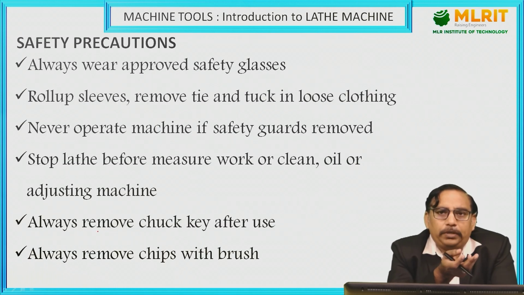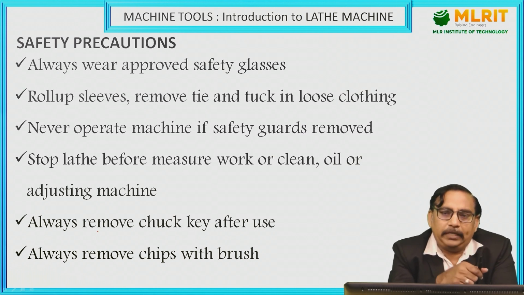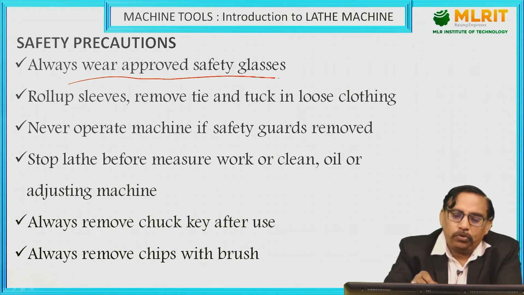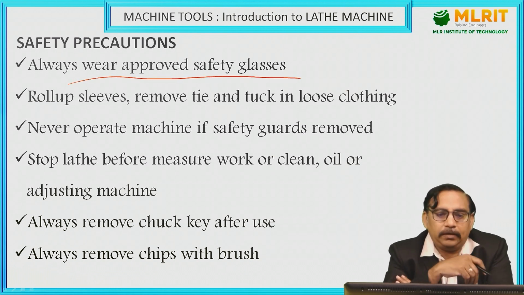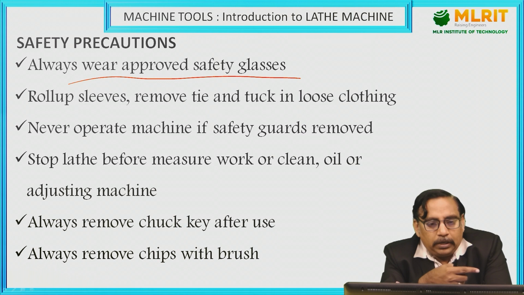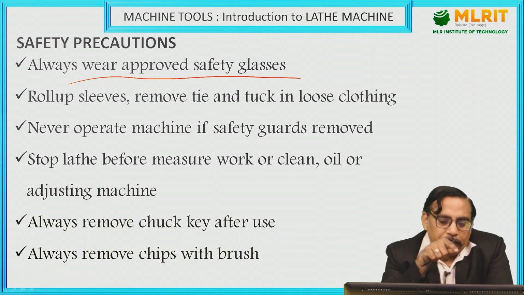Now coming to the safety precautions which any operator who operates a lathe has to follow. He has to wear approved safety glasses, since material removal will be in the form of chips. The principle says that a lathe has a rotating workpiece with a fixed cutting tool.